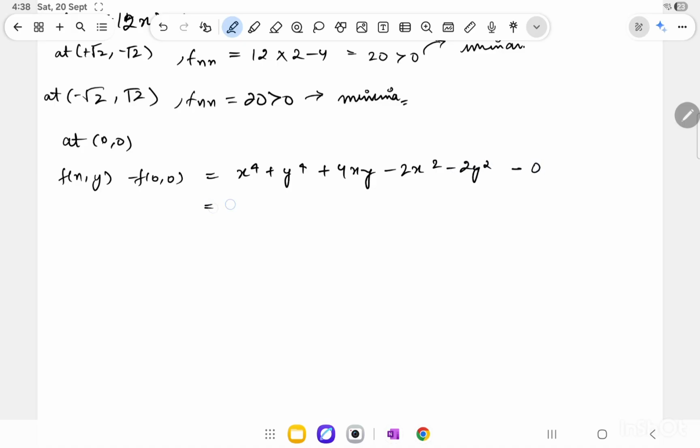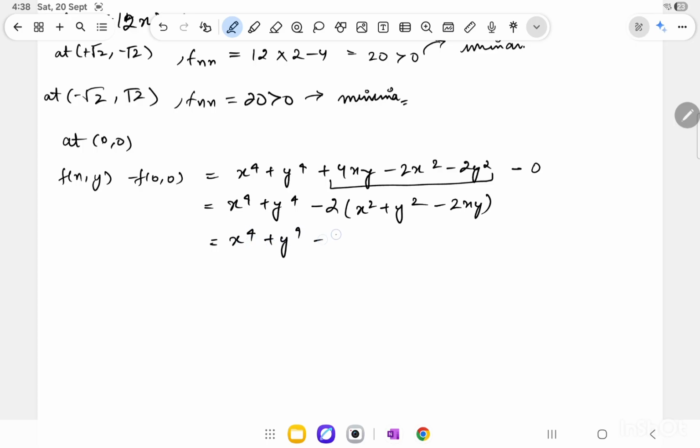So I can write it as x raised 4 plus y raised 4, and I can take negative 2 common from the other terms. So I'll be getting x square plus y square minus 2xy, and this will be equal to x raised 4 plus y raised 4 minus 2 into (x minus y) square.